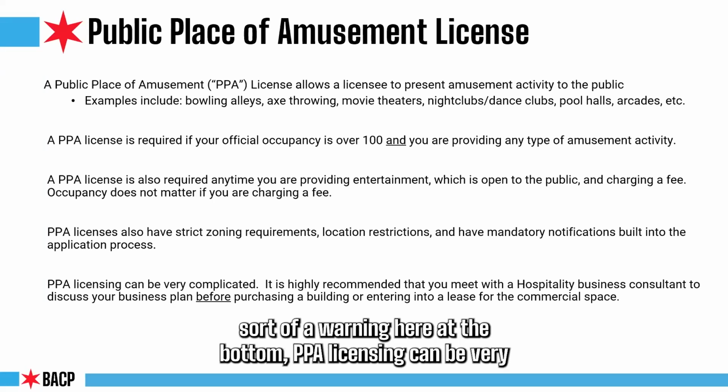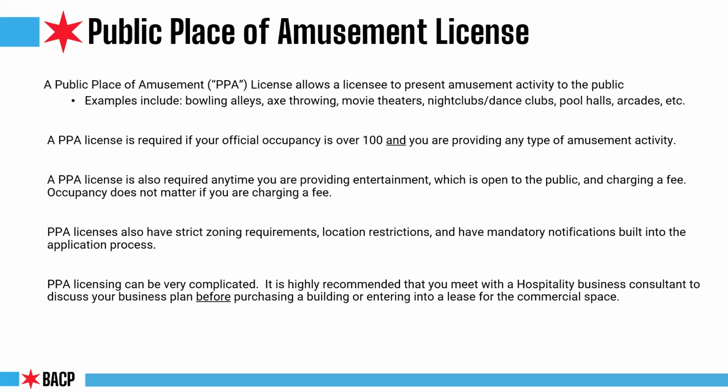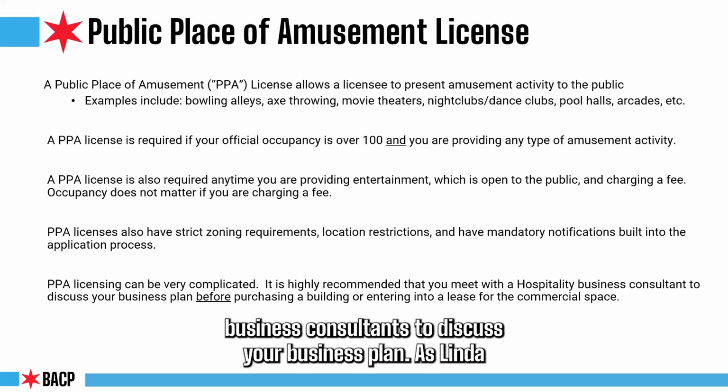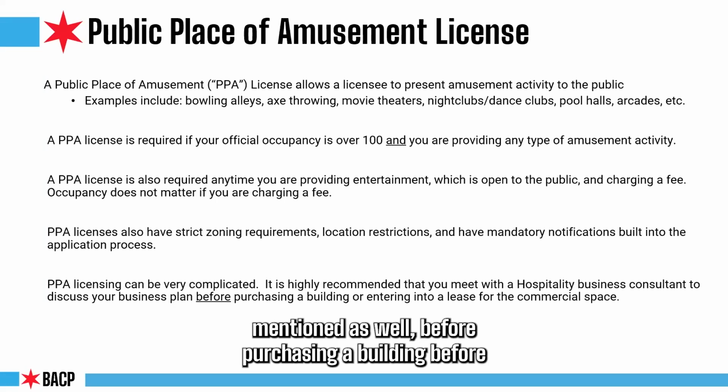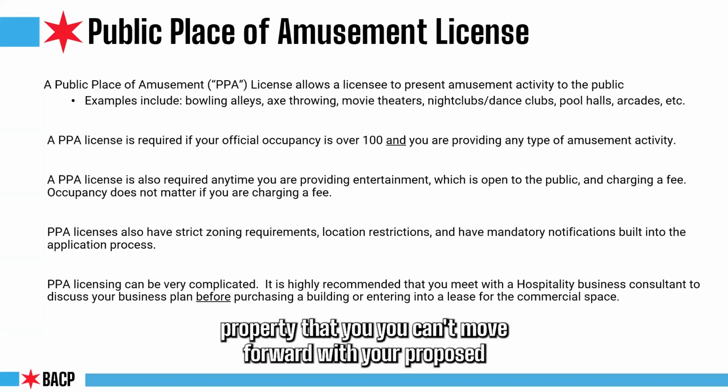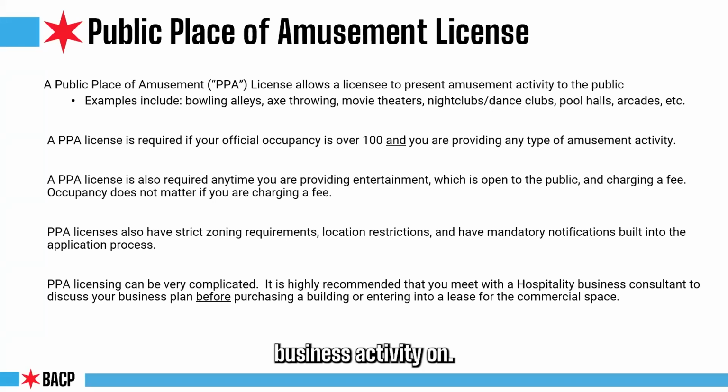And just a warning here at the bottom, PPA licensing can be very complicated. I highly recommend that you meet with one of the hospitality business consultants to discuss your business plan, as Linda mentioned as well, before purchasing a building, before entering into a lease. We never want to see you stuck with property that you can't move forward with your proposed business activity on.